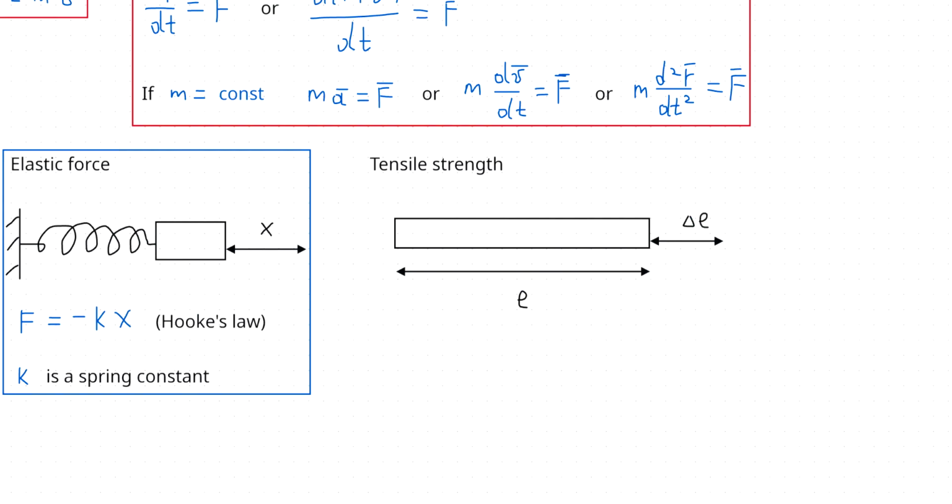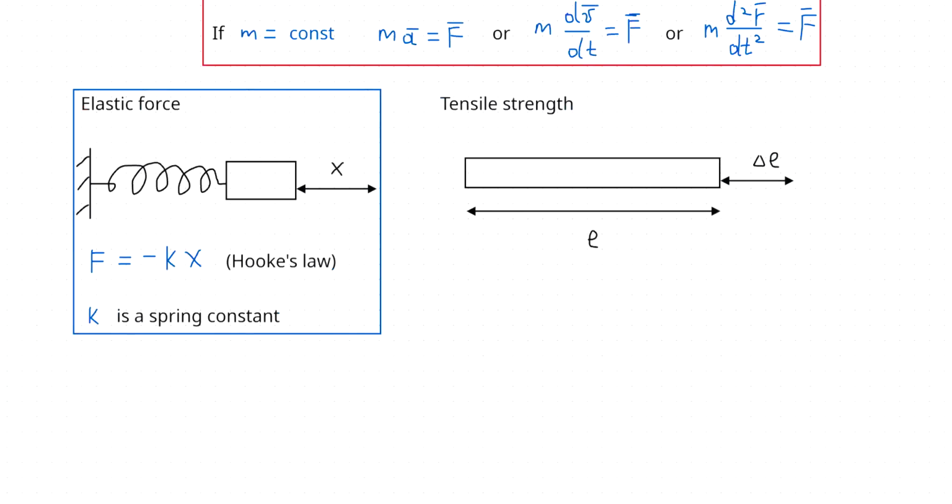And if we use Hooke's law for extension of this rod, we will get that F, but now I will write the absolute value of elastic force. It will be spring constant multiplied by delta L. We have written delta L instead of x.